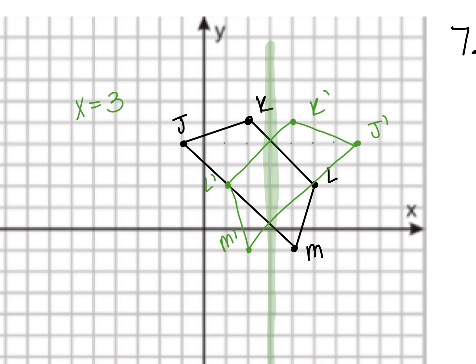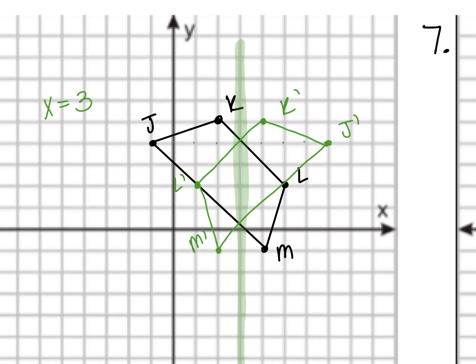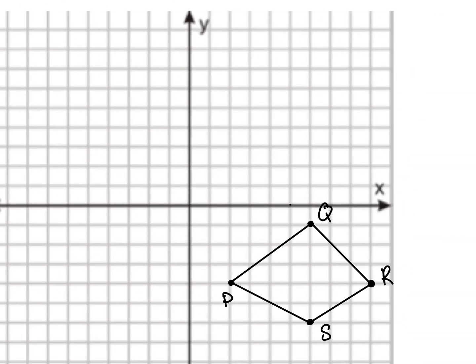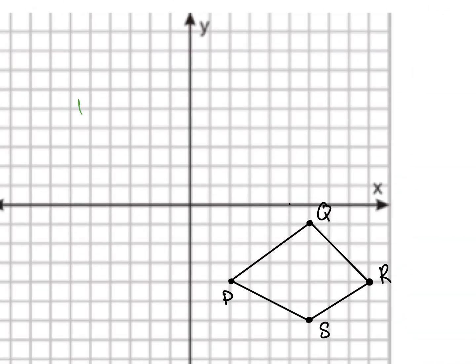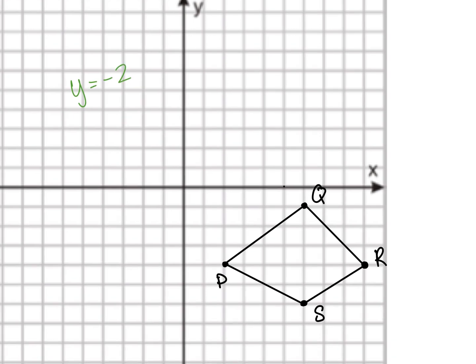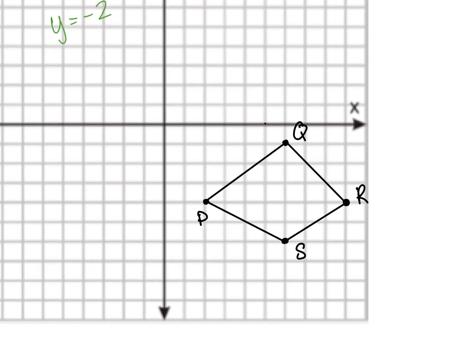And then the last one, number 7, is where y equals -2. So y equals -2. And then graphing it like before.